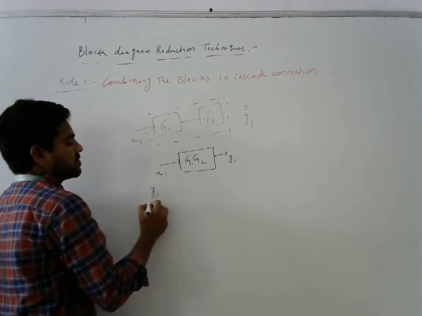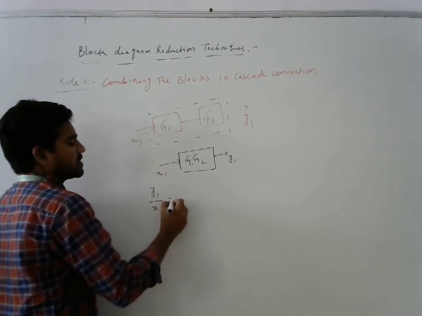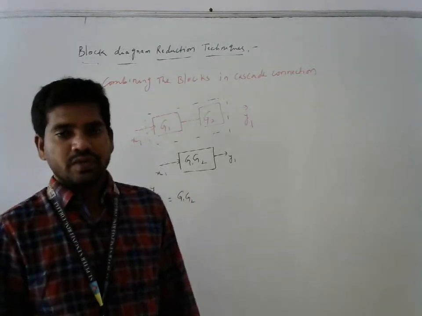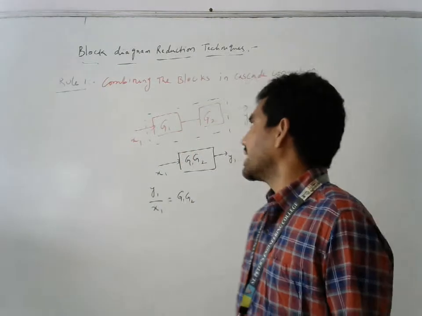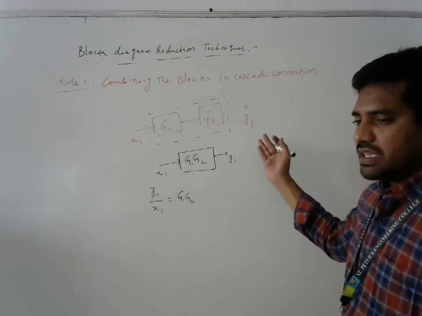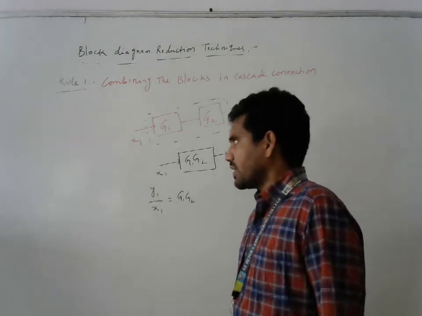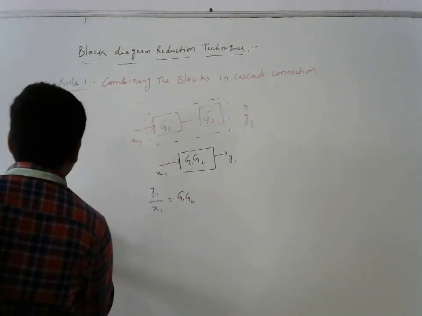So the transfer function Y1 by X1 is equal to G1 G2 if the two blocks are in cascade connection. For example, if you have three blocks, we get G1 into G2 into G3. That is rule 1.